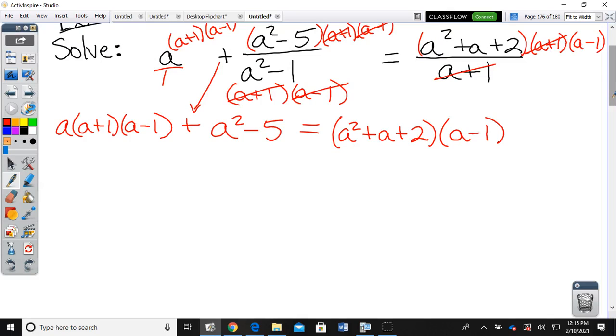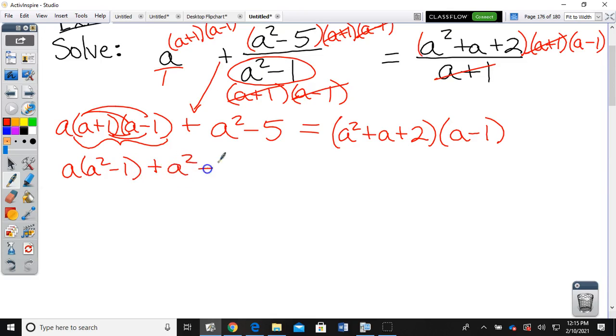Okay? So, you can do it all if you want to, but you already know what that equals because you factored it right here, okay? So if I multiplied it out, what am I going to get? A squared minus 1. So this is a times a squared minus 1 plus a squared minus 5 equals, here I'd have a squared times a is a cubed.